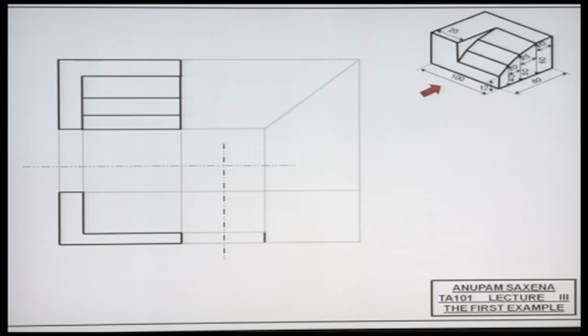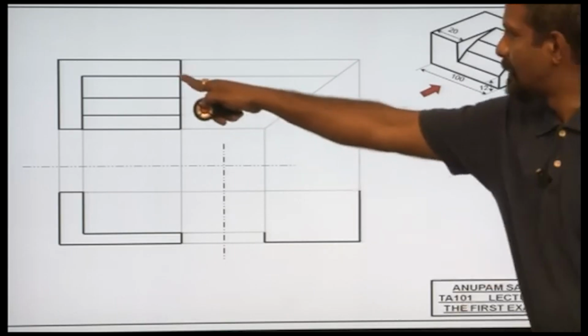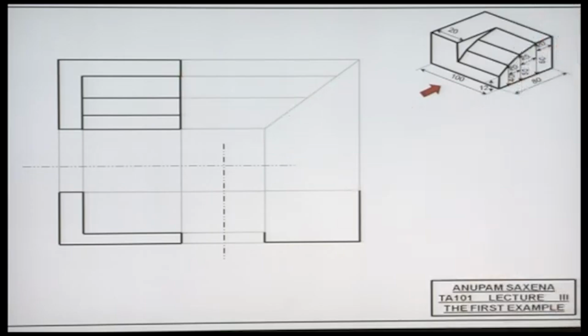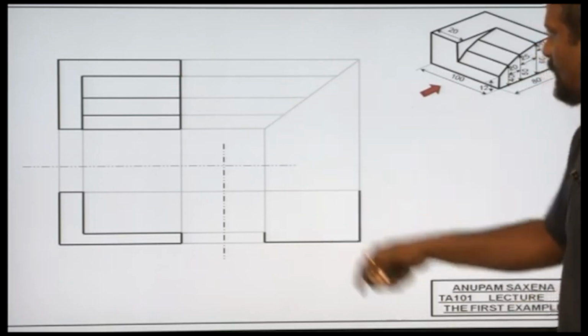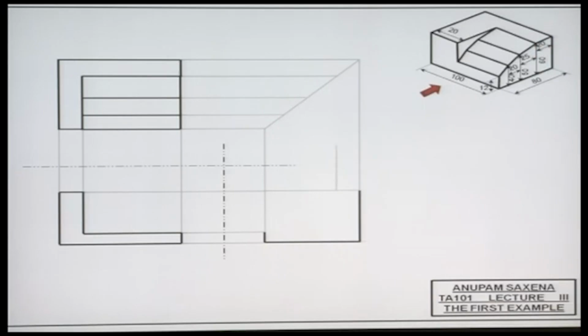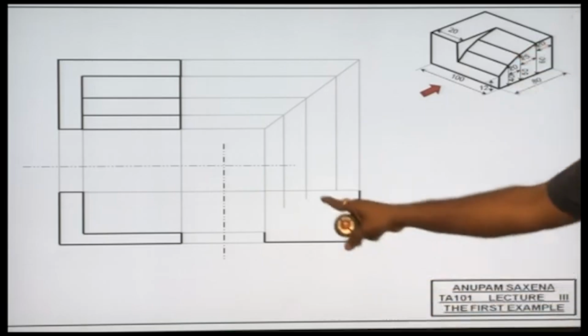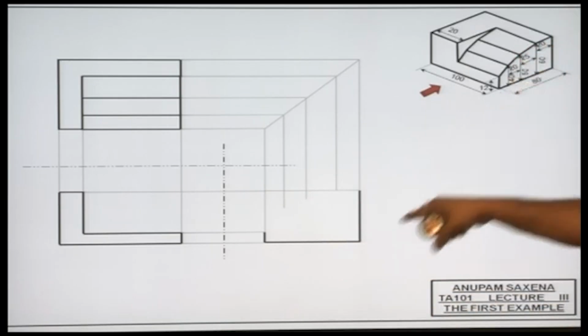I'm working with the right side view, this edge, this edge here, this edge here, and then I'm projecting this feature onto the right, again that feature and this feature, all these three features, and then I'm going to be projecting these features downward. Okay, I'm going to be ensuring that I maintain the heights. So this height is about 60, this height is 50 here, this height is 40 here.